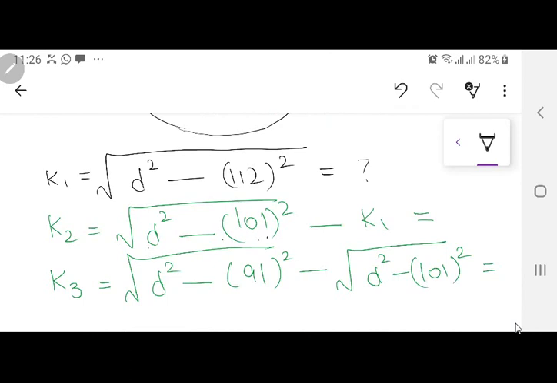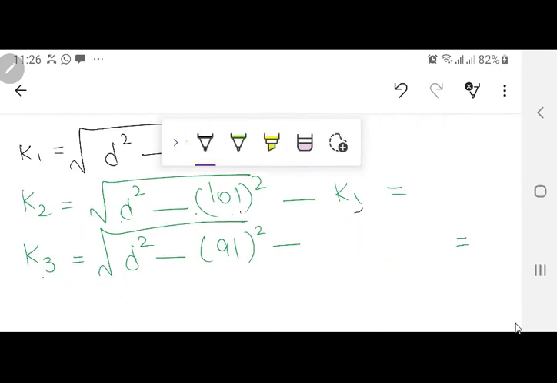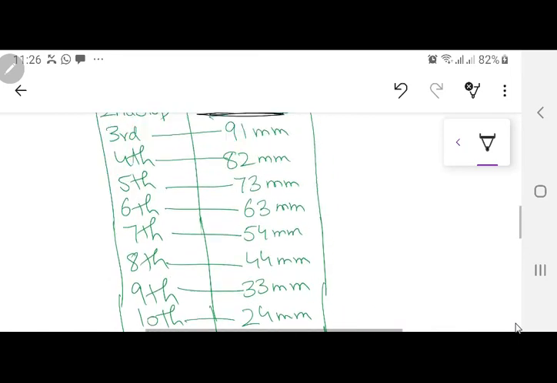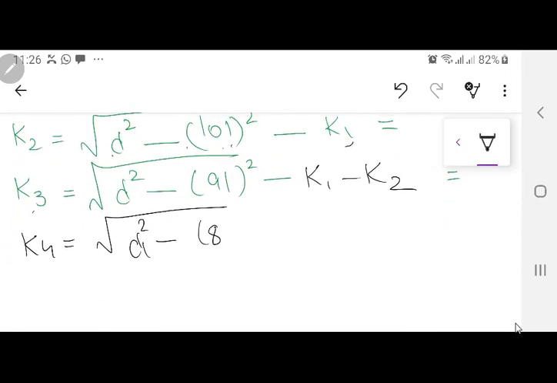Similarly for K3, if you don't want to use this formula, you can use K1 minus K2. Similarly, K4 will be equal to D square minus, fourth step क्या है जी, कितना थिकनेस है उसकी, 91 के बाद 82. प्लीज ये बार बार मुझे ऊपर स्क्रॉल करना पड़ता है. This minus K1, K2, K3.